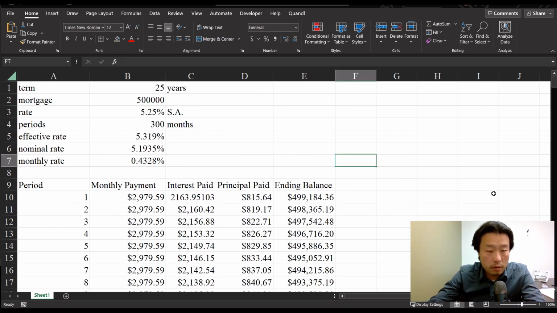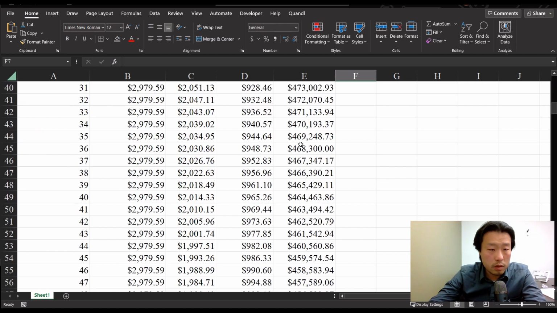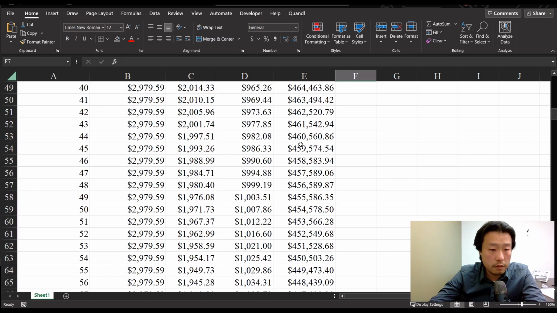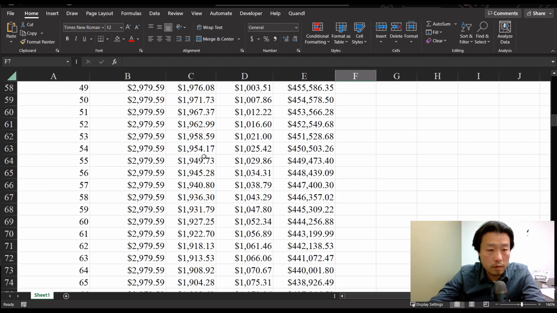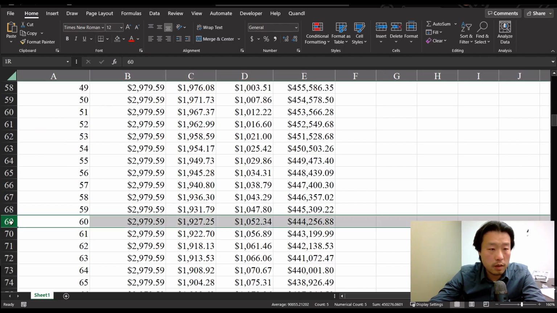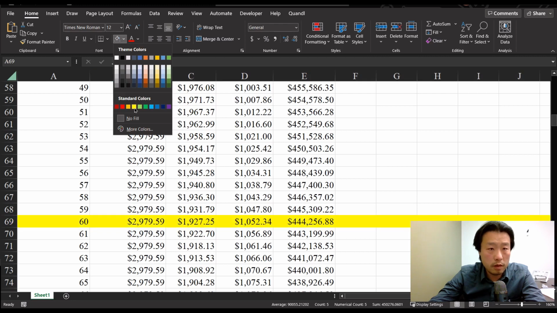Let's find out some useful information from the table. If you have a 5-year fixed rate mortgage and you want to know the outstanding balance at the end of your mortgage term, you just need to scroll down until you see the 60th month. And let's highlight this row with yellow.